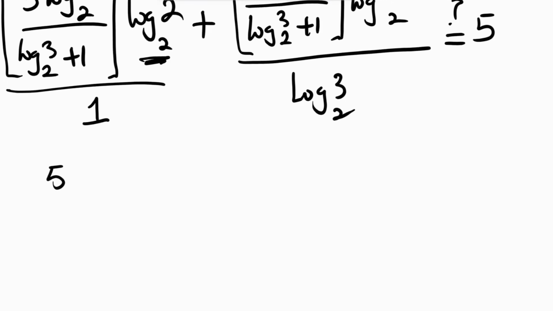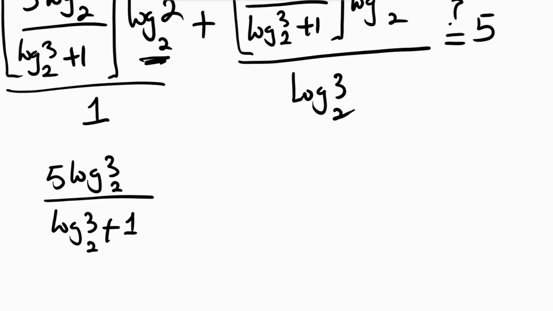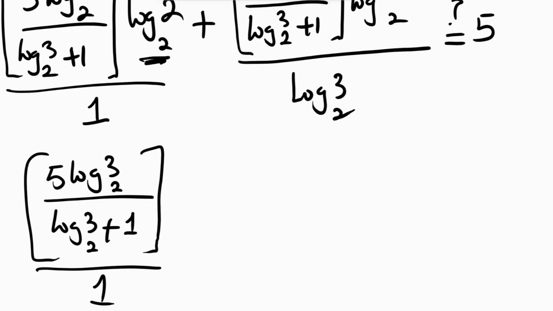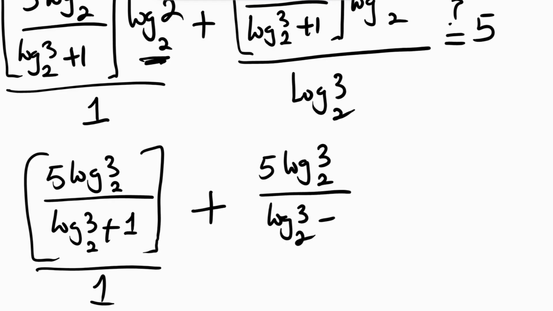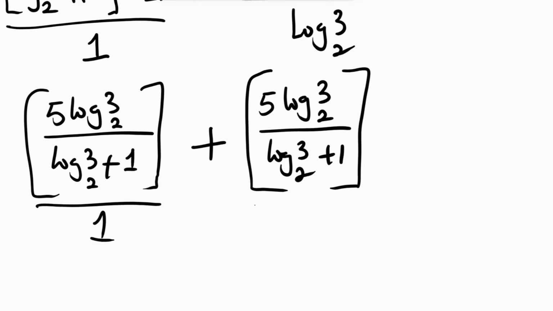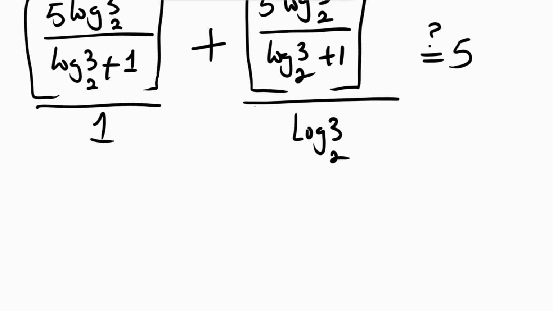So now we have 5 log 3 base 2 divided by log 3 base 2 plus 1 over 1, plus 5 log 3 base 2 divided by log 3 base 2 plus 1, all divided by log 3 base 2, and let's see if it's going to be equal to 5.